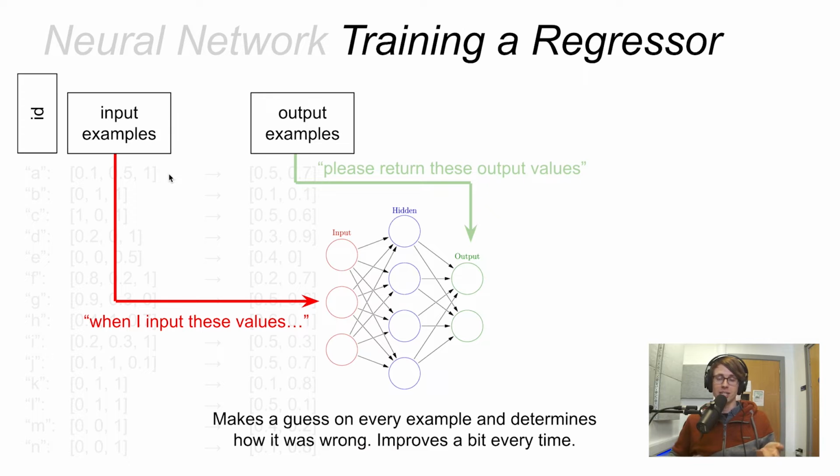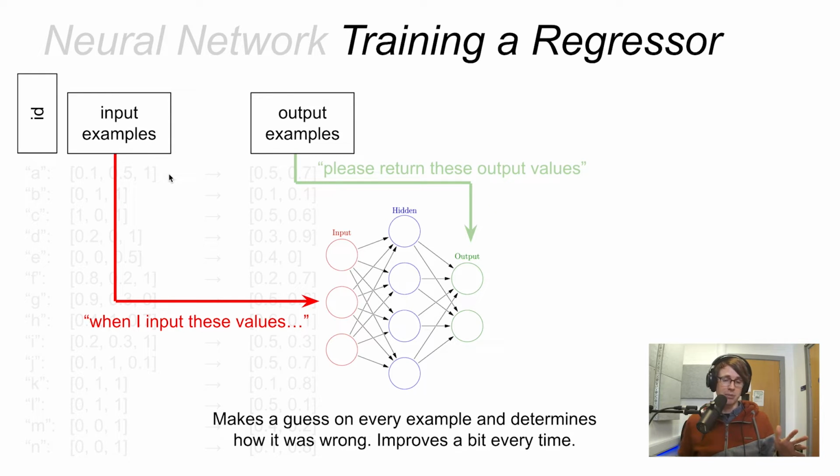Each time the neural network receives an input example, it makes a guess on what it thinks the output values should be, and then checks against the output values I provided it to see how wrong it was. And then depending on how wrong it is, it'll correct itself a little bit so it can be more accurate next time. After doing this training thousands and thousands of times, it starts to get pretty good at predicting the output values that I want it to based on the input values that I show it.